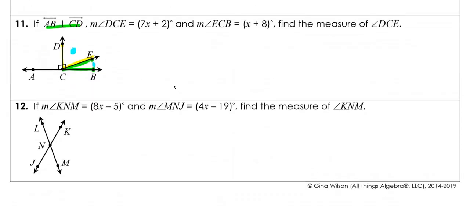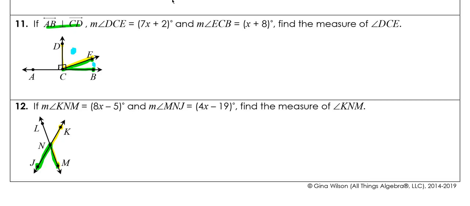12. Let's look at 12. I hope we break these down. 12 gives me angle KNM. Let's see what that is. KNM. And M and J. So we have M and J. And we want to find the measure of K and M on this.